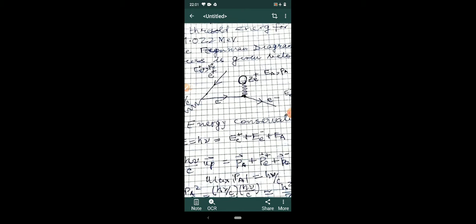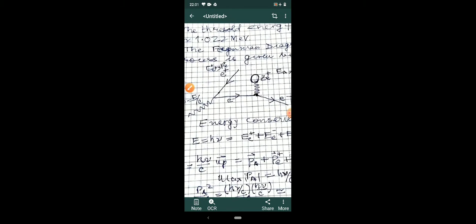So h nu, the energy of the incoming photon, must be equal to the energy of the electron, the energy of the positron, and the energy of the recoiling nucleus. So E plus E minus plus E_A. So that is the conservation of energy, right?